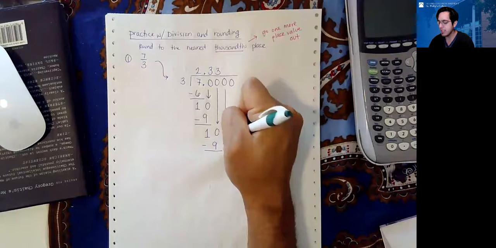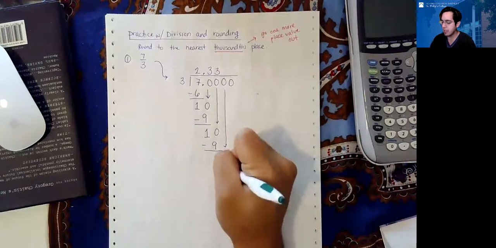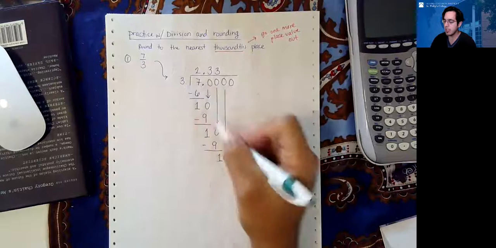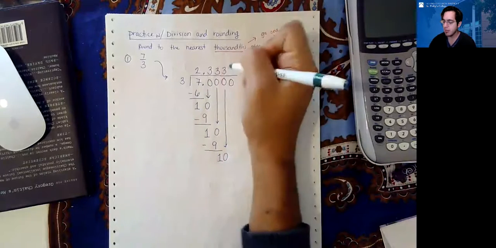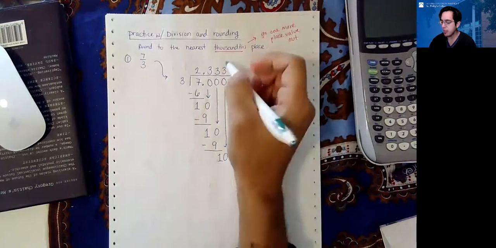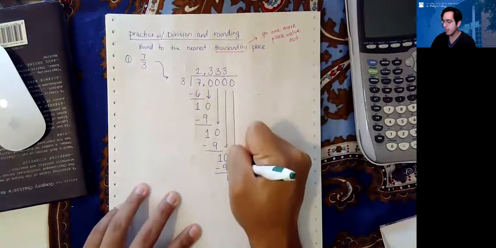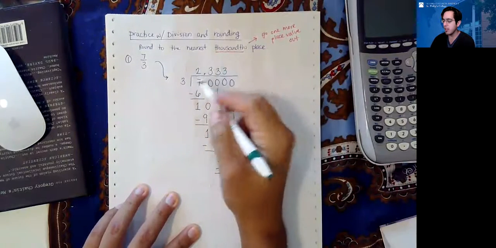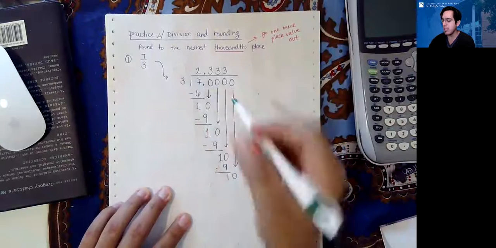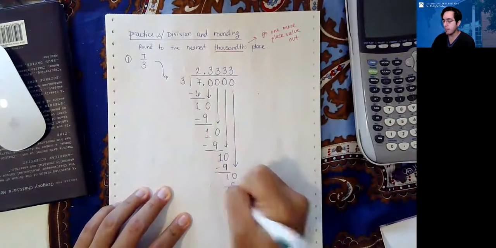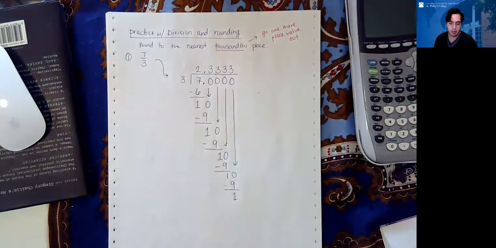We can drop the next 0, and end up in the same place with a 1 as a remainder. So we get 10 here. 3 goes into 10 3 times, and you can already see, 3 times 3 is 9. We get a remainder of 1. We'll drop this 0 again. And then our final set of division, 3 goes into 10 3 times as a 9, and we can stop here. Okay, a lot of work. And it was just very repetitive. It is what it is.